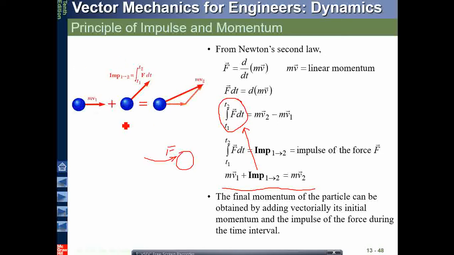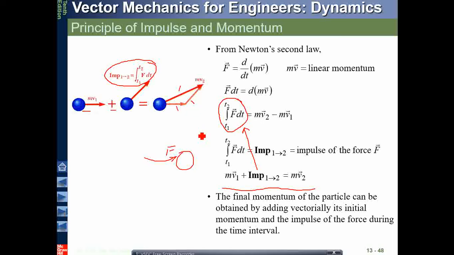So as a vector momentum, this is the initial momentum of this football plus the impulsive force applied on this body, which actually moves this football in a certain direction. So we can add these two vectors and make a new vector mv2.